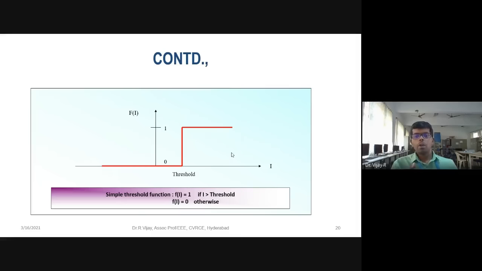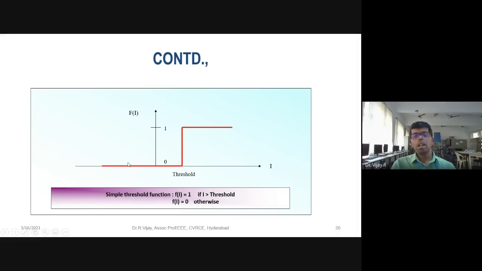Say, for example, the activation function I am giving is f of I equal to 1. What I am getting as output is 1.4, that is I. So 1.4 is greater than my threshold, that is 0.5, so this function is correct.